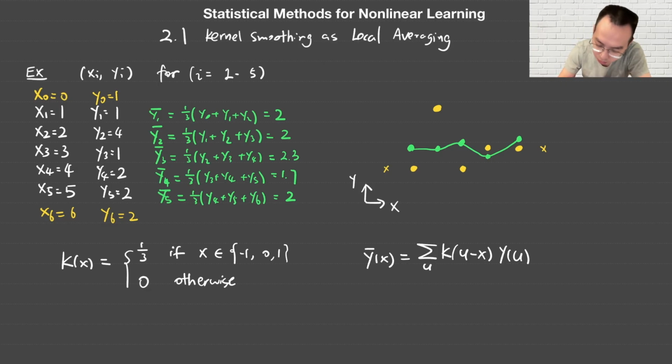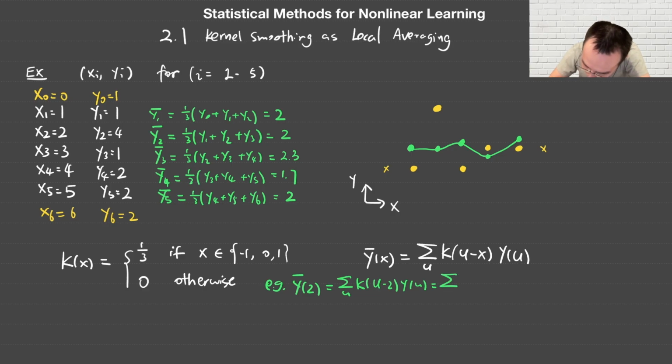Now we can plug in one example and see why this equation works. Let's plug in x equals 2, for example. Then that equals the summation over u of k(u minus 2) yu. Then we can spell the whole thing out. For u smaller than or equal to 0, the term is 0.